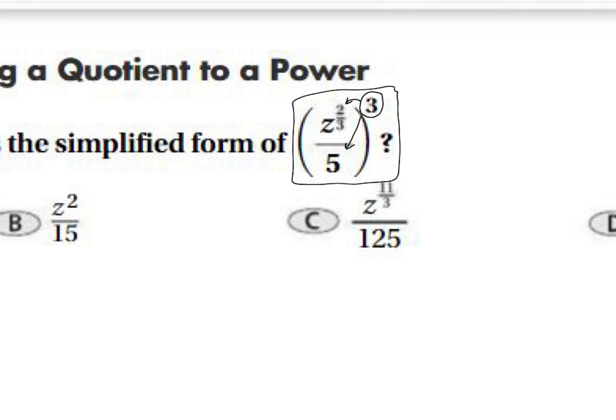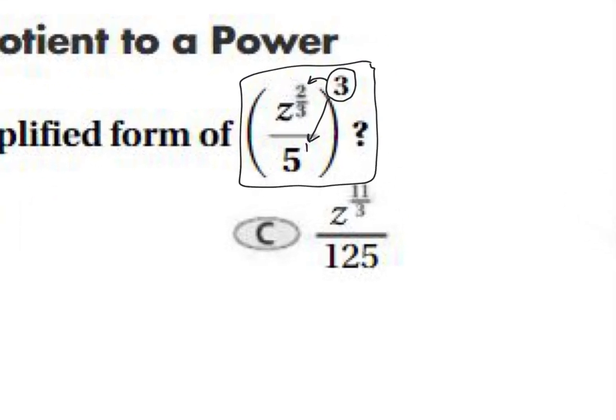What's the exponent of that 5 down there? 1. Okay? So what we're going to write is z to the 2 over 3 times 3 over 1, because this 3 is getting multiplied by that fraction. So it's 3 times 2 over 3, over 5 to the 1st times 3.